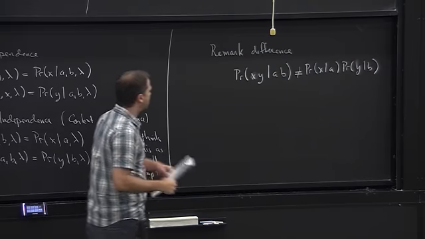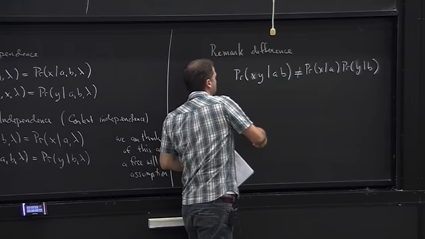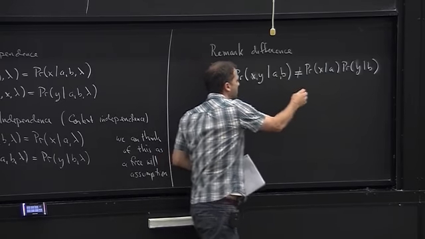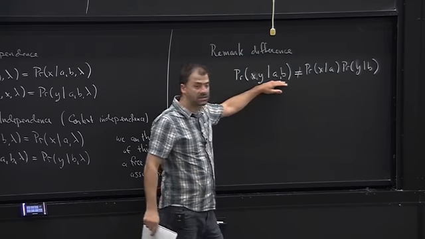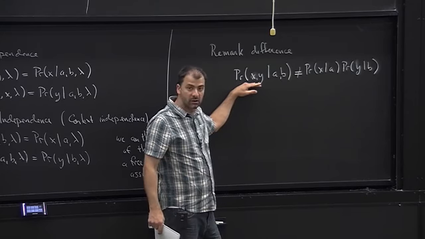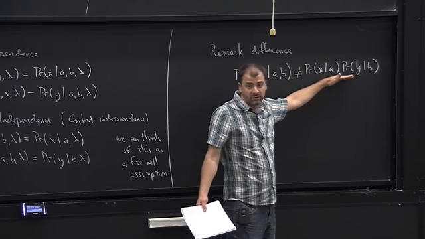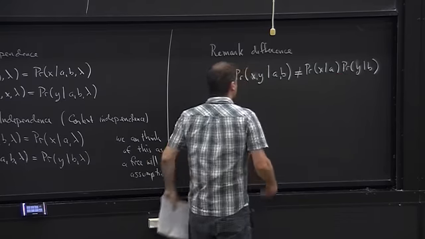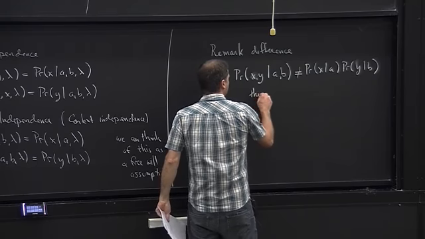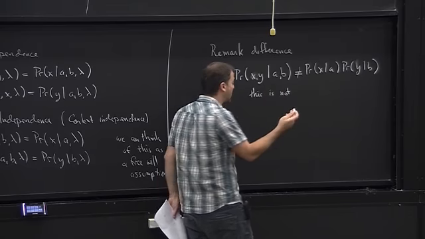In this type of setting, in general, if you have two outcomes, x and y, and two settings, A and B, the fact that the joint probability of x and y cannot be factored in this form is very commonplace, right? This is not surprising. This is just saying that there's some kind of correlations between x and y.